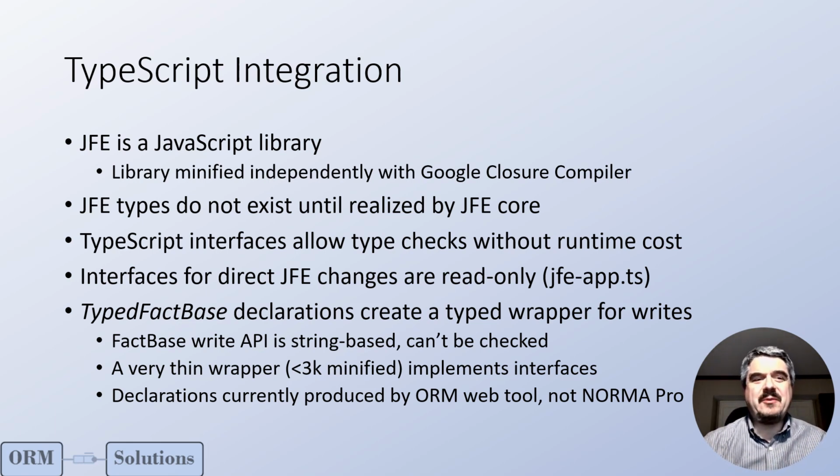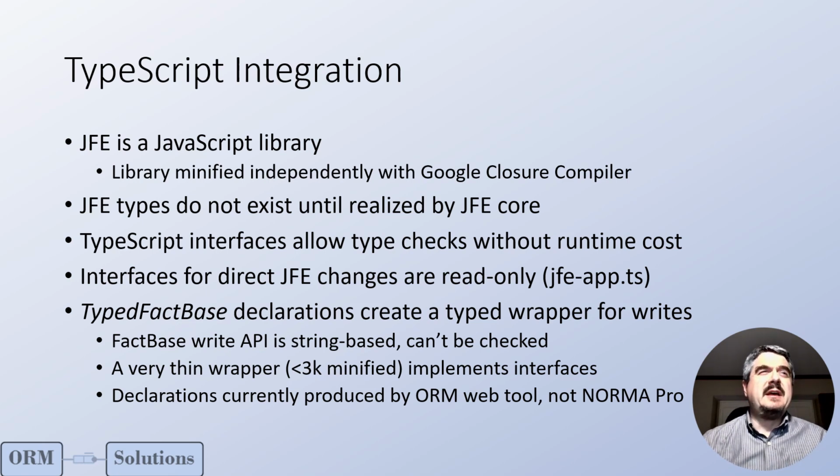However, when you're dealing with your types, you really want the ease of use of a fully typed system. So you want that for compiler checks, but you also want it for prompts: what comes next? You get these huge models, and it's very hard to remember the names of all the links and all the other things that go on. So the TypeScript interfaces allow you to do that.